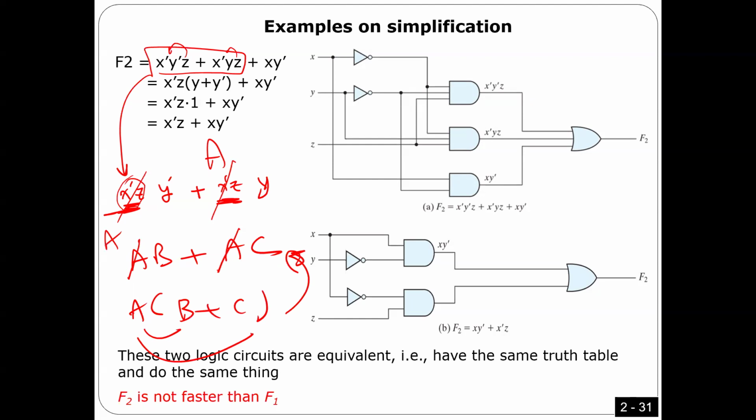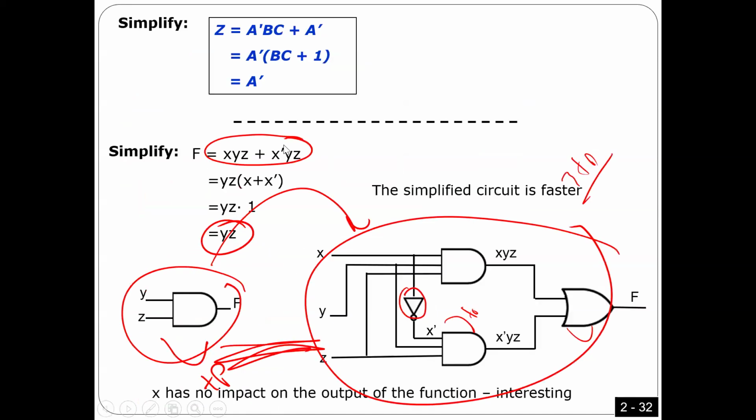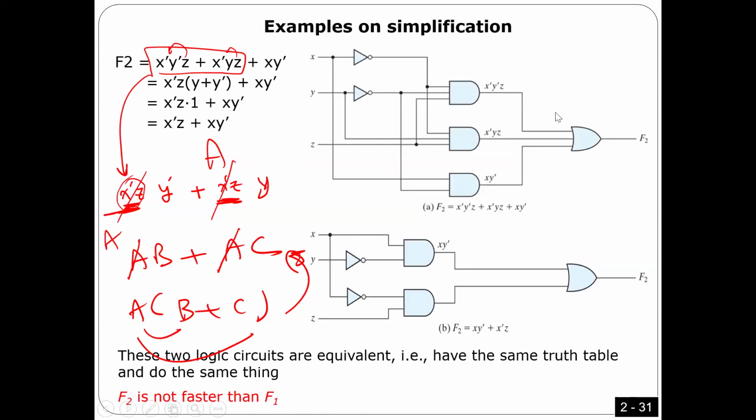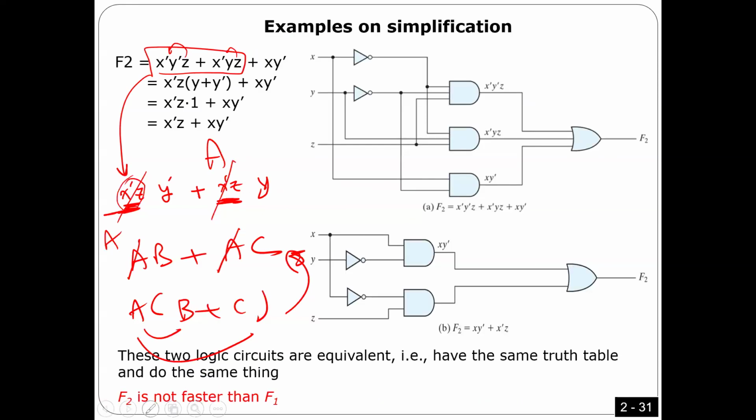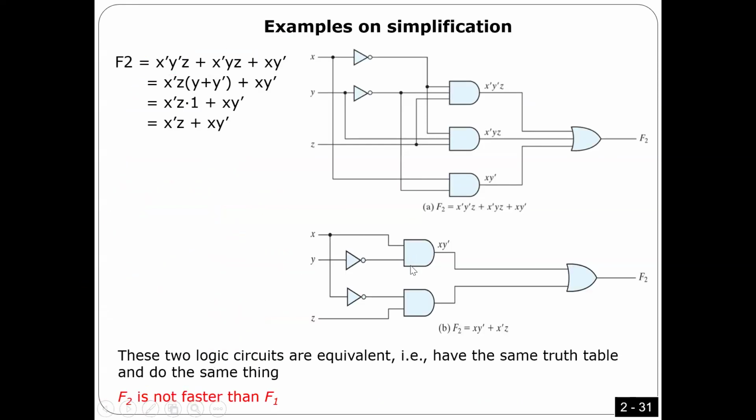So the first step here, as you see, I found x prime z common, so I take it out this way.